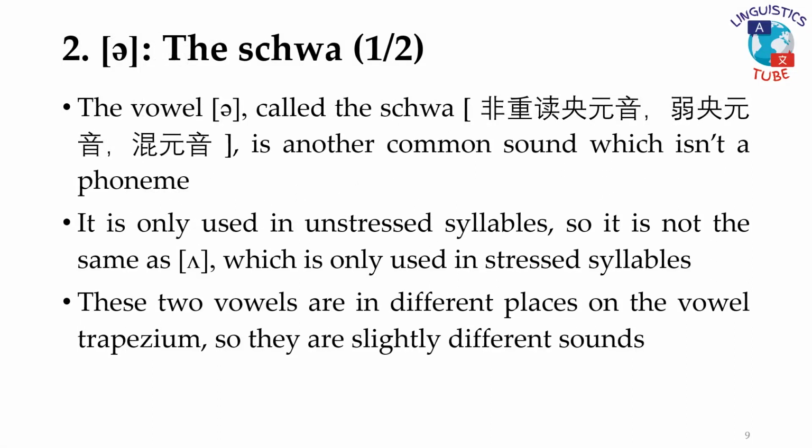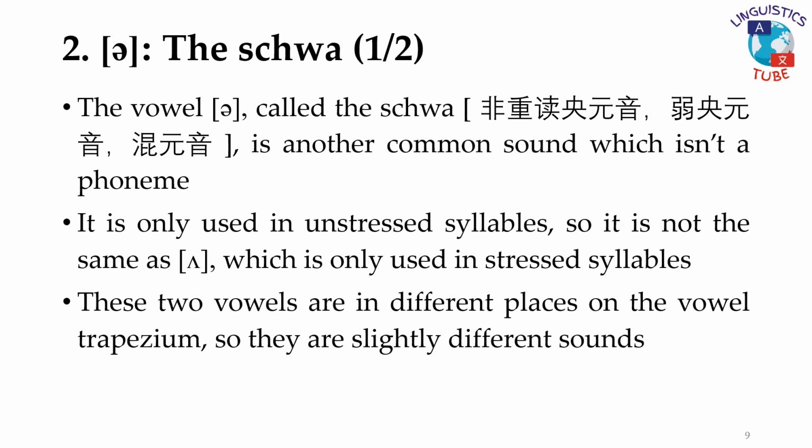Before we move on to the next difficult sound, there is one more common sound in English which isn't a phoneme. It is the vowel schwa. It is in fact the most common vowel in English. It is the vowel in the first syllable of about, and the vowel in the final syllable of water.